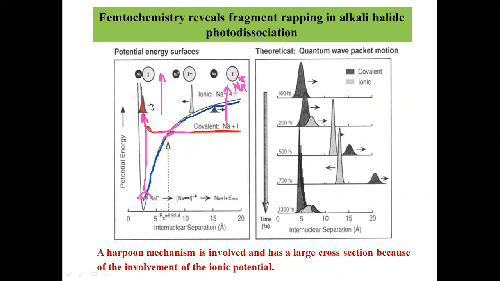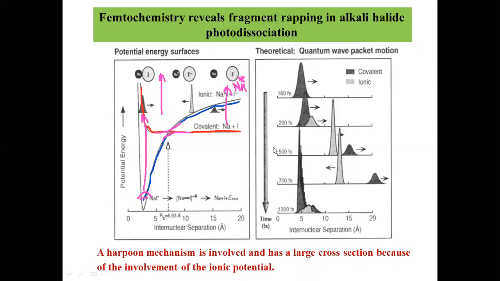Now when it moves here slowly, with the time delay, you can look at 200 femtosecond, this is 160 femtosecond. Then it becomes split into two parts. This is the dark one, and this is the lighter. Right.